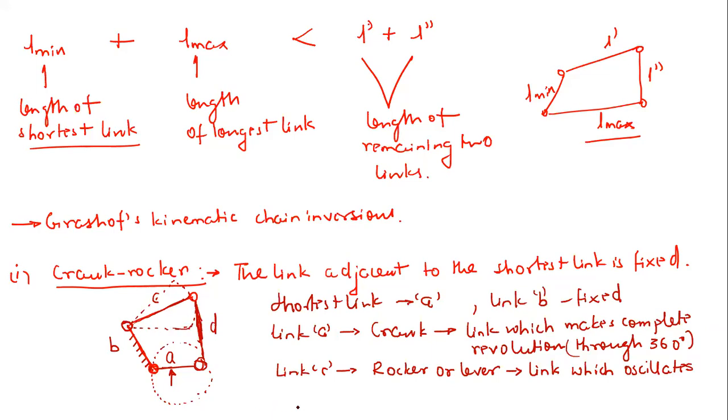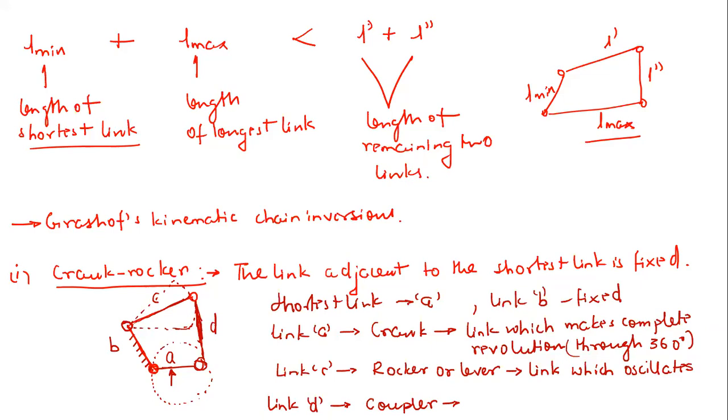Now what about link D? Link D is generally called the coupler link. Very important. Right now we generally don't focus too much on the motion of link D. We are primarily interested in the motion of the input and output links.